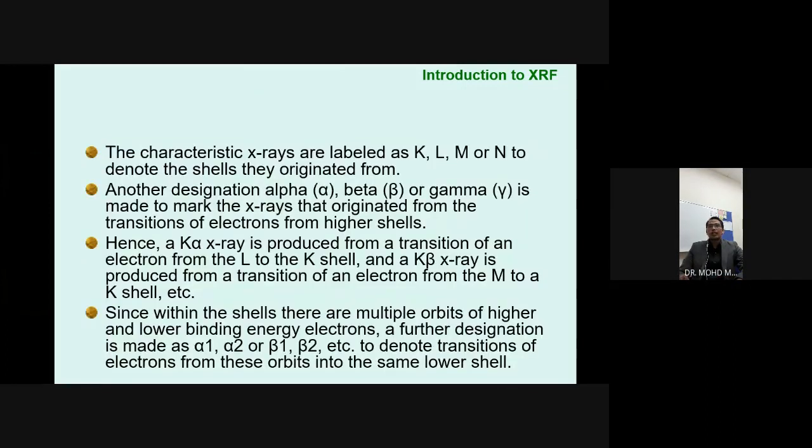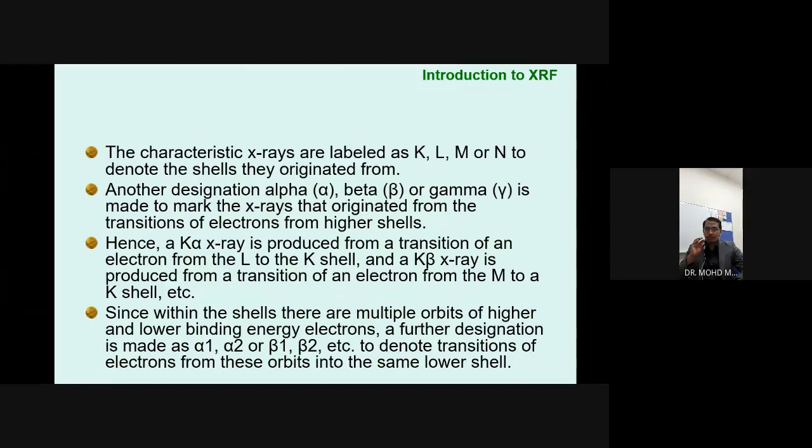The characteristic X-rays are labeled K, L, M, and N to denote the shells they originated from. Another designation that can be used is alpha, beta, gamma, which marks the X-rays that originated from the transition of electrons from higher shells.